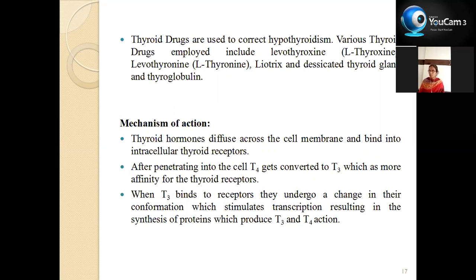So the mechanism of action: the thyroid hormones diffuse into the cell and bind to the thyroid receptors.